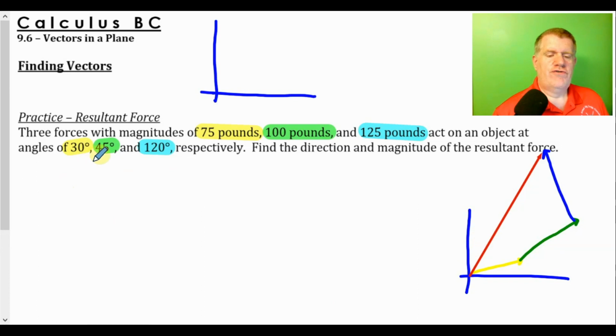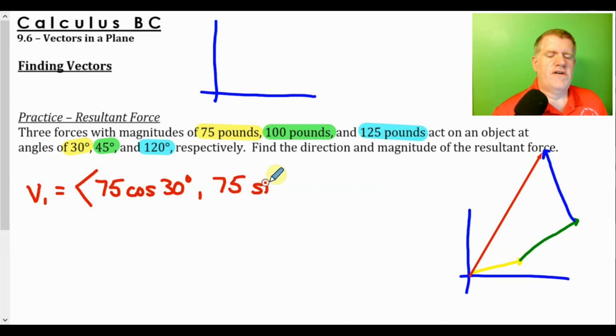So for this first vector, we'll call it vector 1, it's going to equal the magnitude times the cosine of 30, and then the magnitude times the sine of 30.